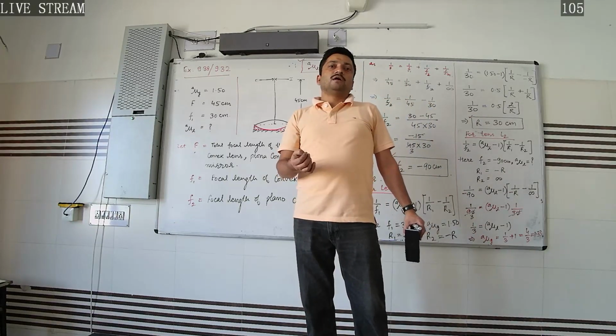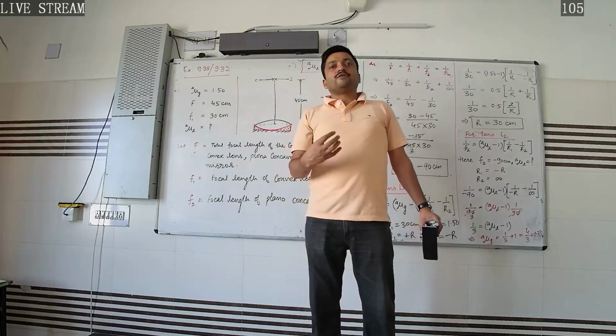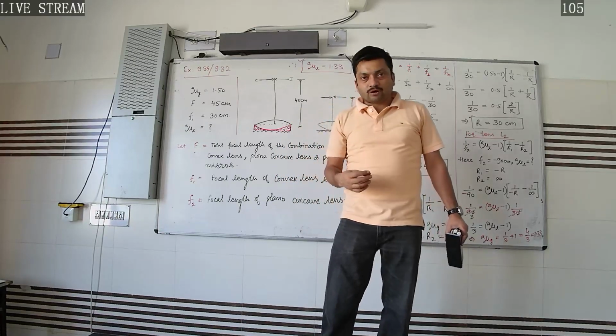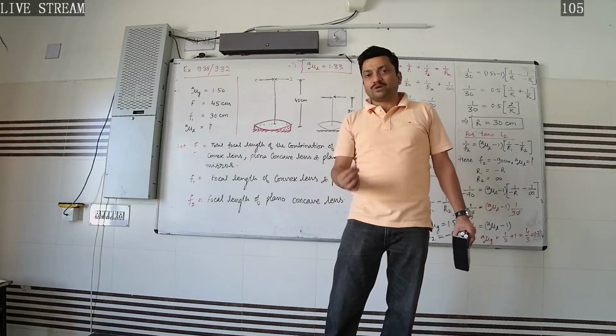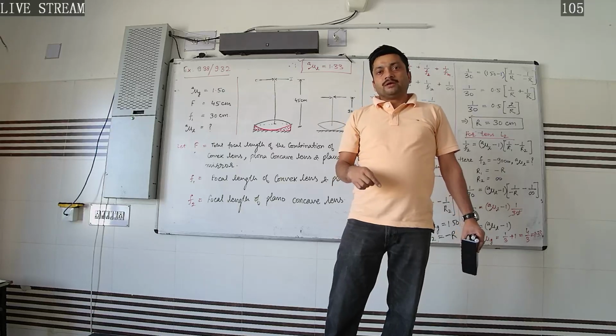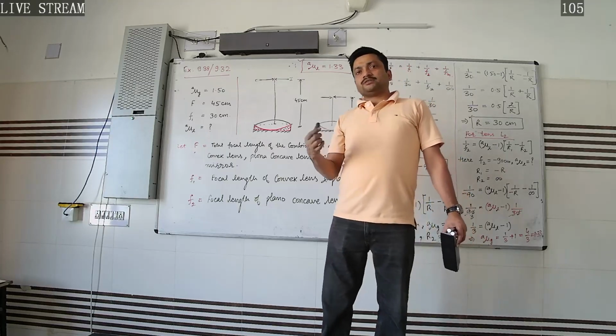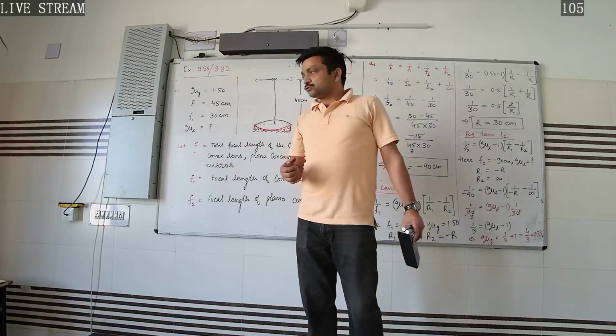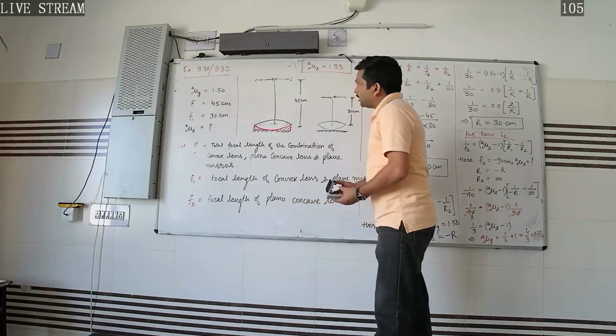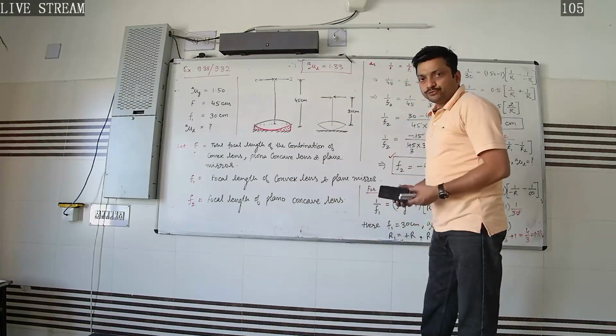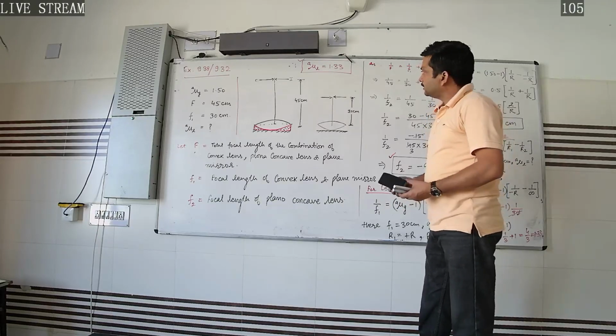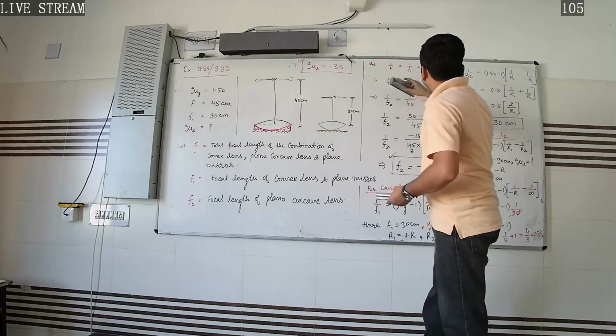Then what about the changing focal length, and what about the focal length of the lens when it is immersed inside the liquid? And this question is asked in the competitive exams. So how can we solve that? I am going to write here the formula for it. So let's study about the formula.